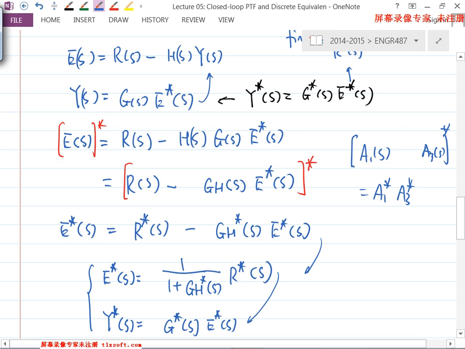I don't want to mix the s and the star s together. Star s is the discrete or sampled one, and this s is the continuous one. So this is why I put these two together here.